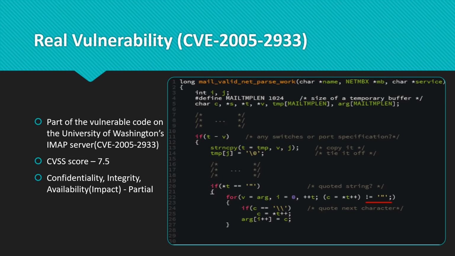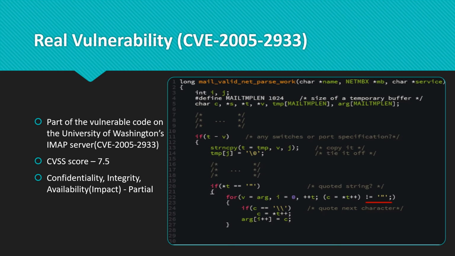Coming to a real vulnerability of buffer overflow attack, a vulnerability which was classified as critical was found in the University of Washington IMAP server. The University of Washington IMAP server is a popular free IMAP service for Linux and Unix systems. Remote exploitation of a buffer overflow vulnerability in the University of Washington's IMAP server allows attackers to execute arbitrary code.